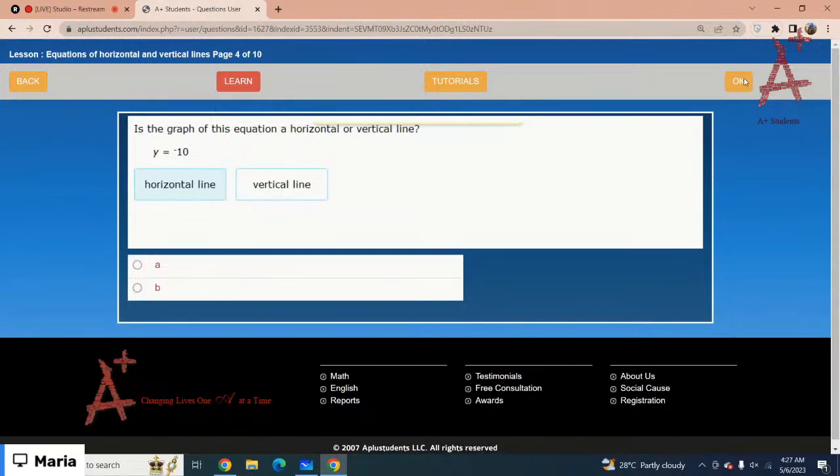Is the graph of the equation a horizontal or vertical line? Y equals -10. Whenever you have a parallel line to the y-axis, that would be the vertical line. So whenever you have a point y equals -10, that means the line is a vertical line.